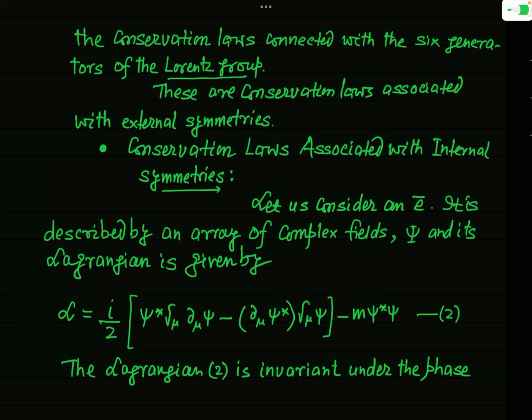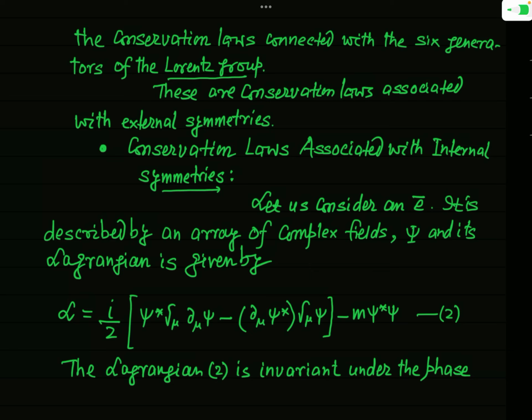Okay? And that classical field equation, when it is written in terms of the Lagrangian density, and when we write the classical field equation in covariant form, means in tensorial form, then what will be the expression for the Lagrangian of the system?